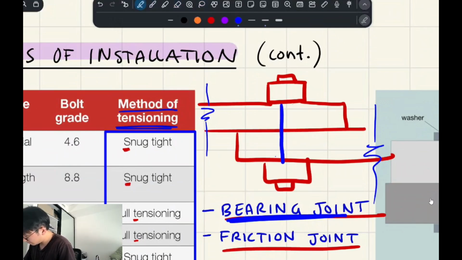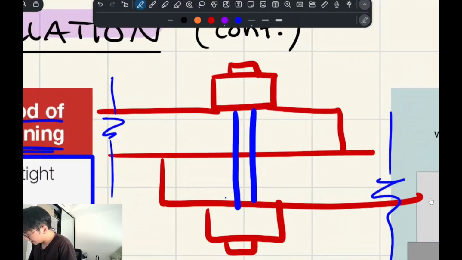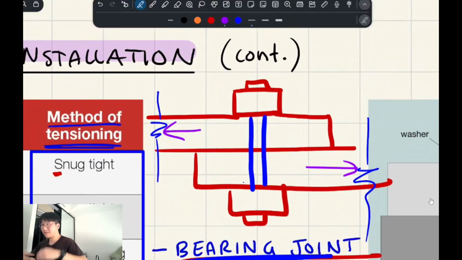The bolt has to be straight, and then I'll draw the hole in purple. So let's say that's being pulled that way, and that's being pulled that way. So that's two different plates being sheared against each other. The hole for the top plate has to be like that, and the hole for the second plate has to be like that.